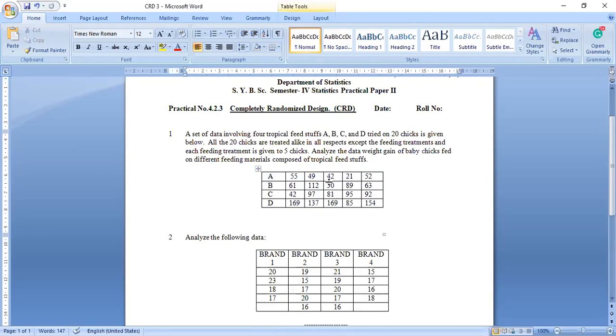So we can start doing one-way ANOVA, as we have seen in the case of the one-way problem. So I will just share how you can do that. Okay. So how to do this? Just a minute. I will paste the problem so you can start doing this.